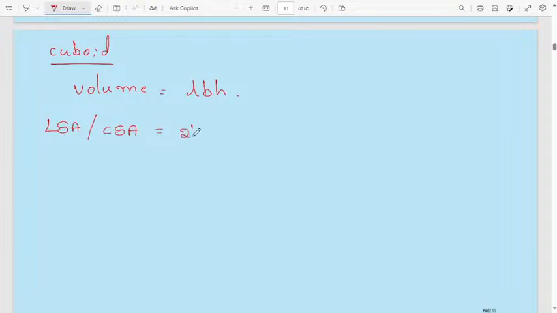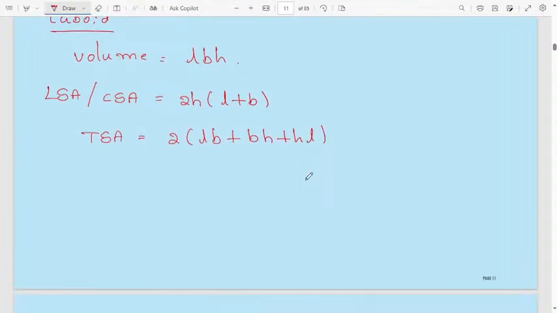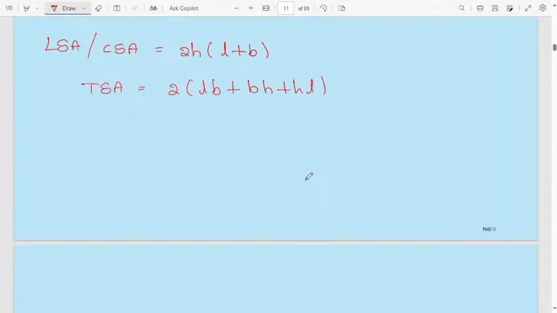This will be equal to 2h into length plus breadth. Then total surface area is 2 into length breadth plus breadth height plus height into length. This is in the case of a cuboid, solid shapes.